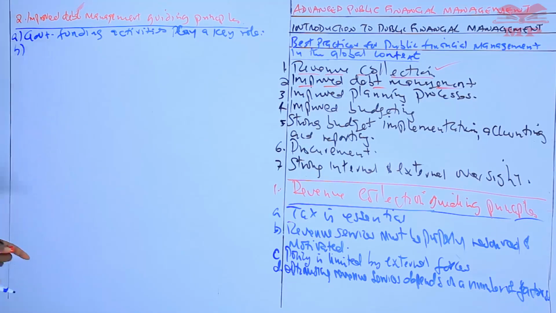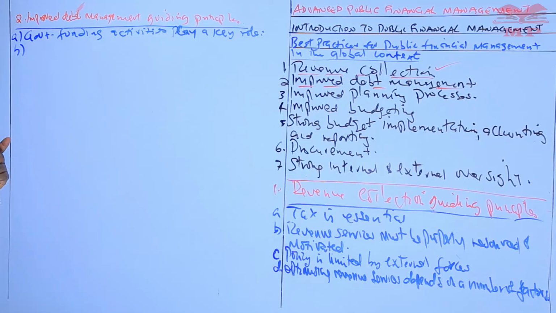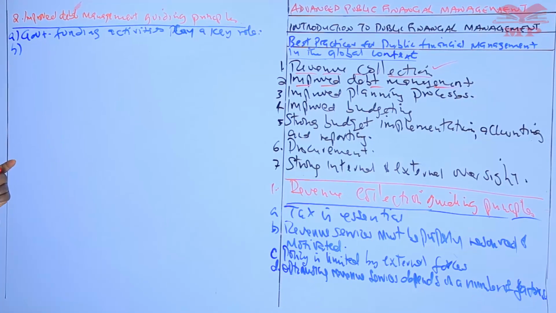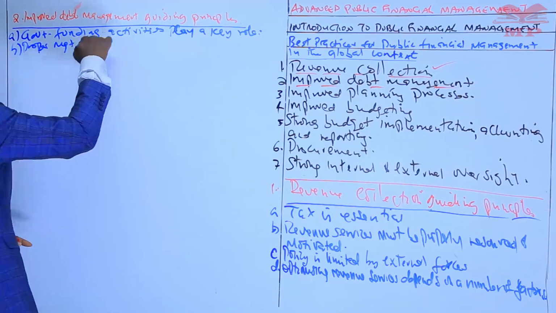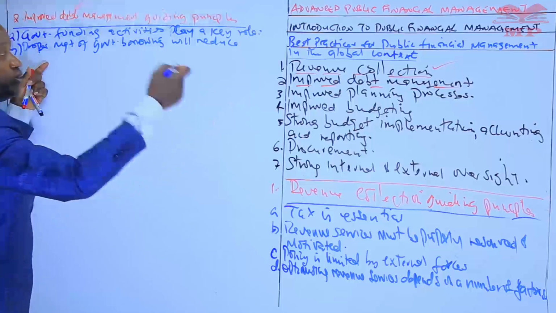The second guiding principle is that proper management of the government's borrowing program will reduce the cost of funding. Proper management of government's borrowing will do what?